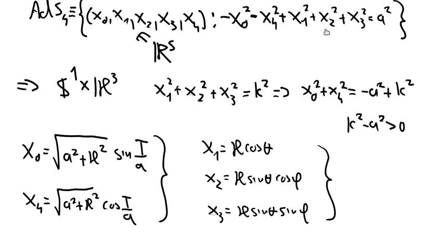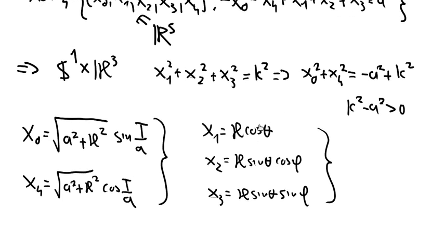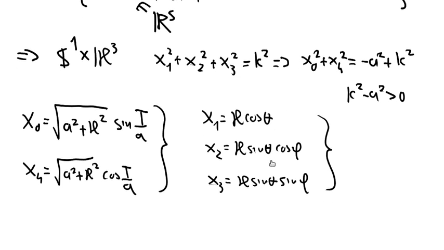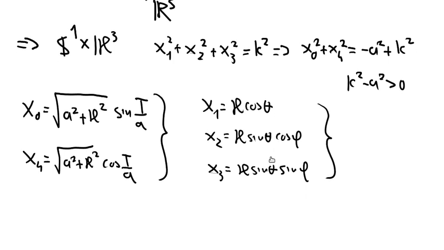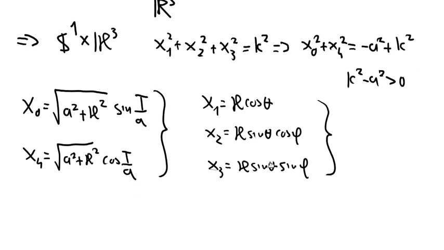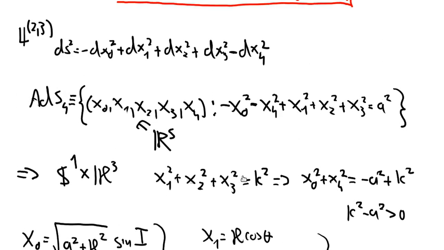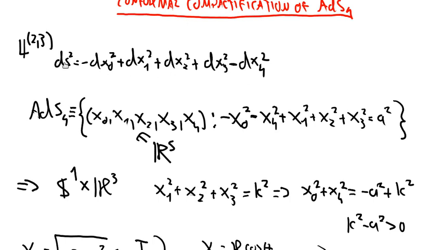Again, it's just a simple computation to find the first fundamental form. We only need to differentiate each of these relations and replace them back here in the expression of the metric in dimension 5, right?